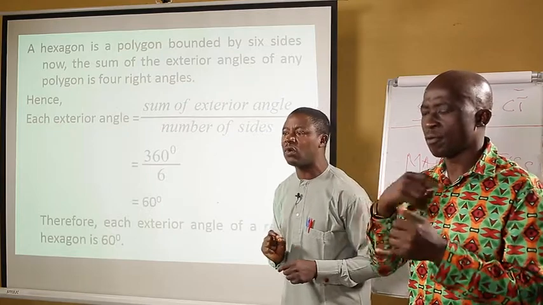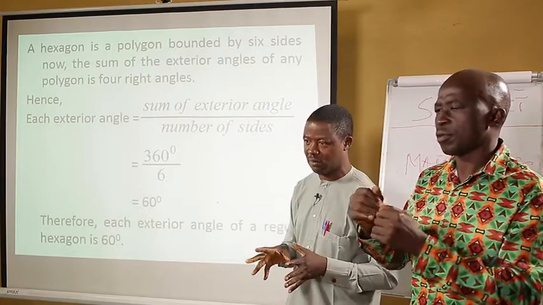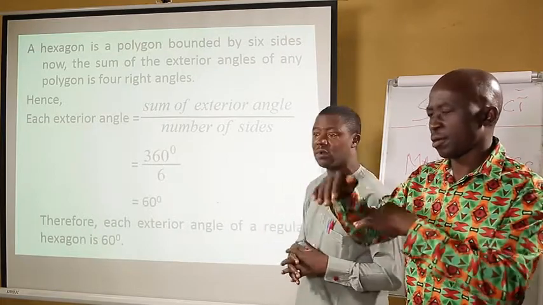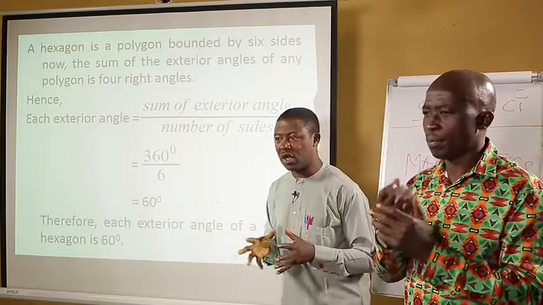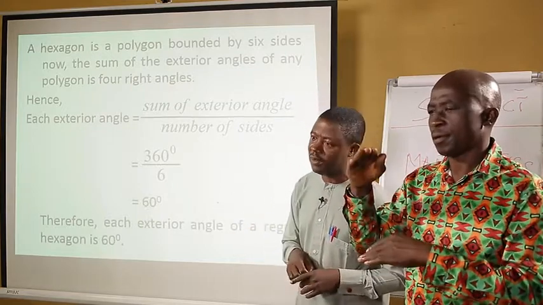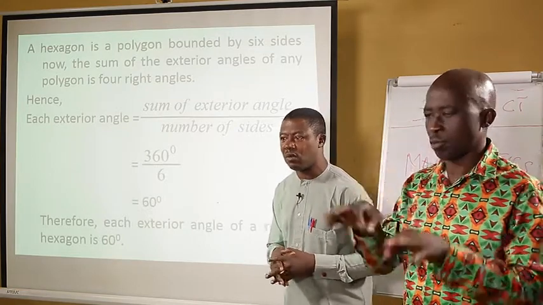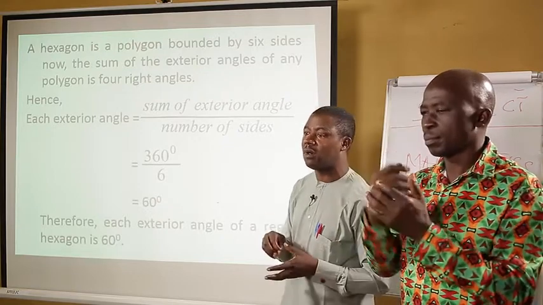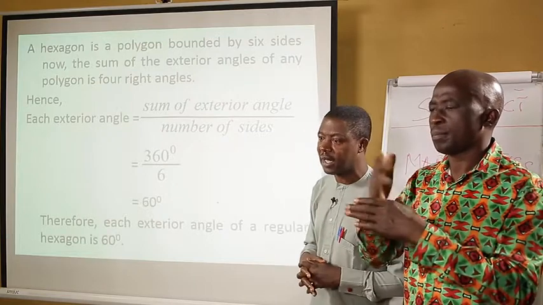Now, we need to know the value of each of its exterior angles. So it will be the sum of the exterior angles divided by the number of sides.